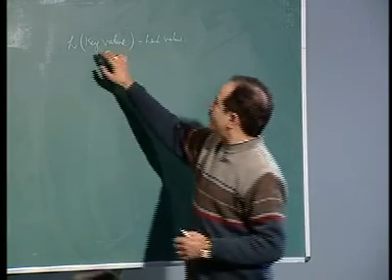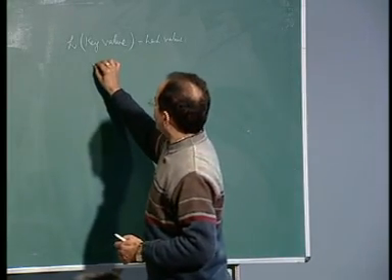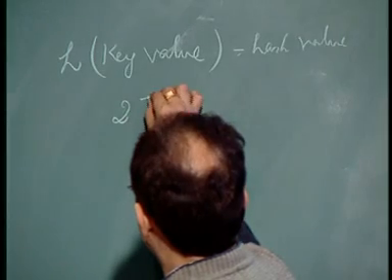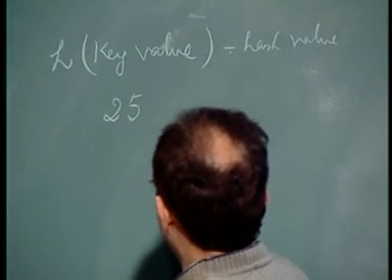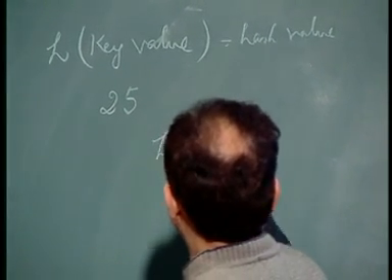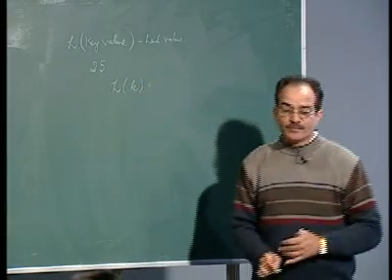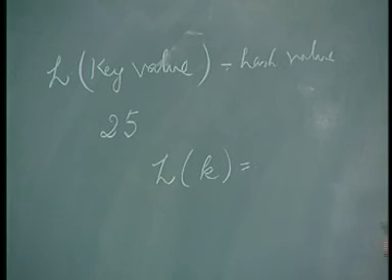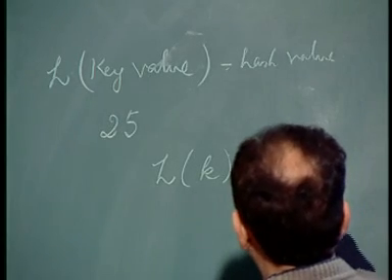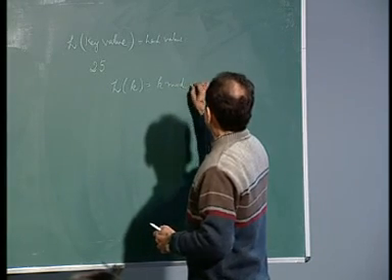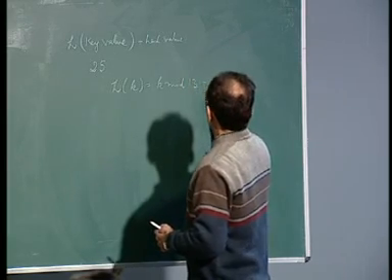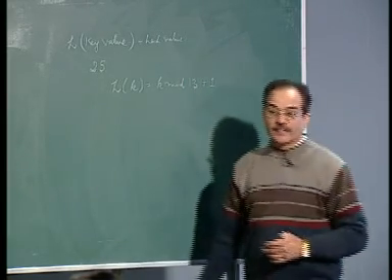Now, let us say my key value is 25 and my h of k is nothing but k modulo 13 plus 1. What does it mean?